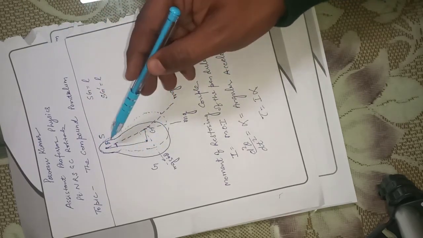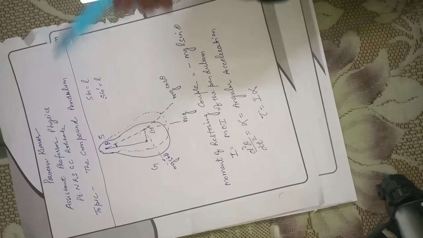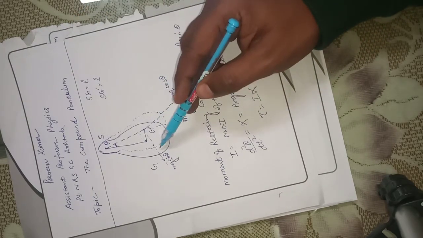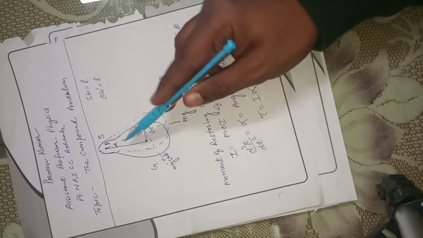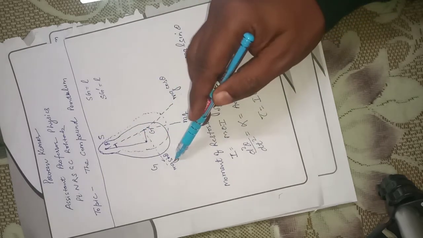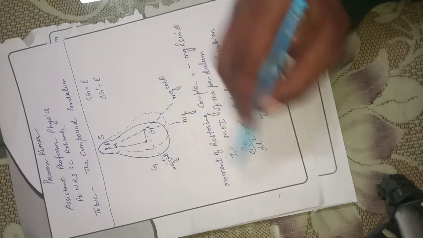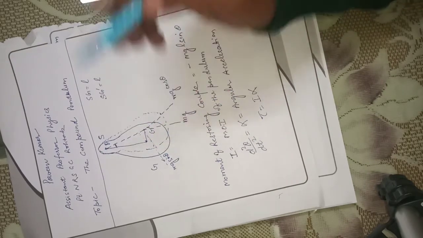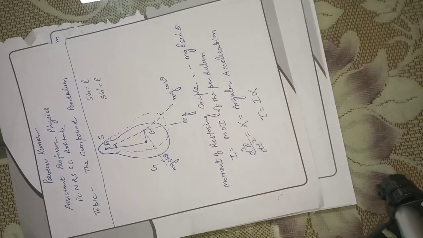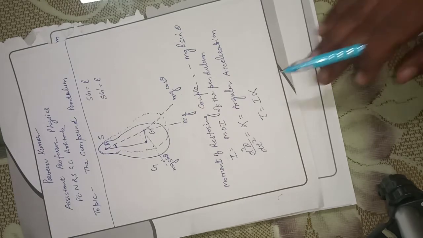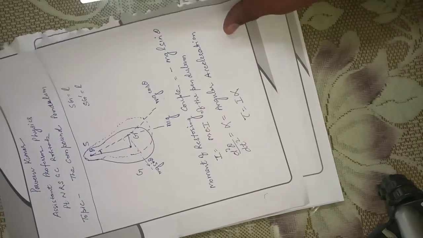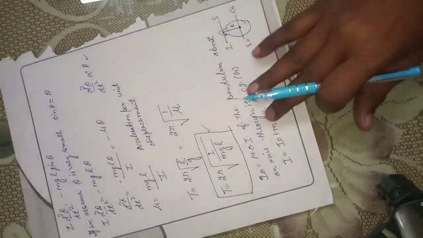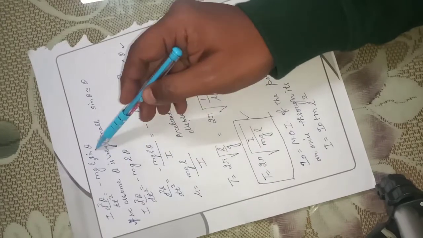We give some small displacement theta. So there are restoring couple forces, and m g sin theta multiplied with l gives the torque about this point, so it becomes m g l sin theta restoring couple, and torque is I alpha, the restoring torque.